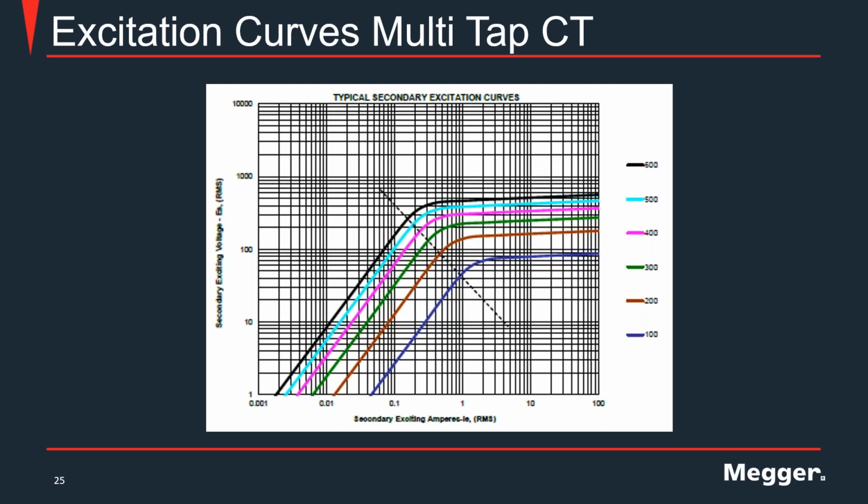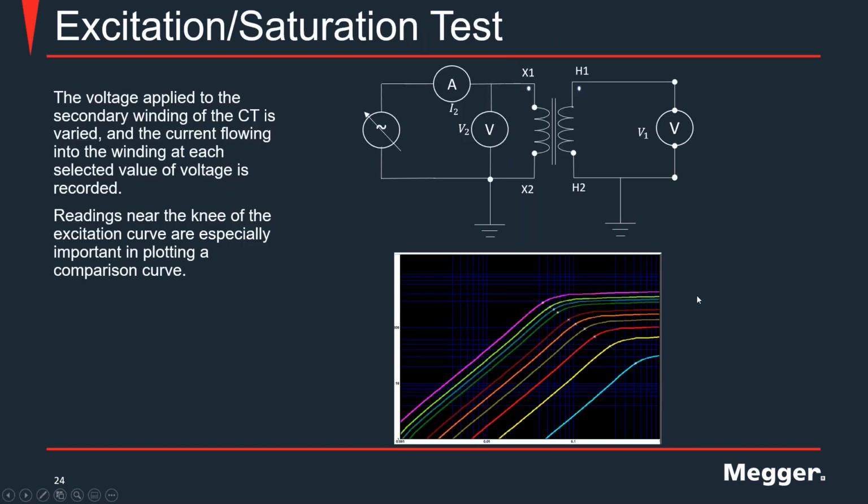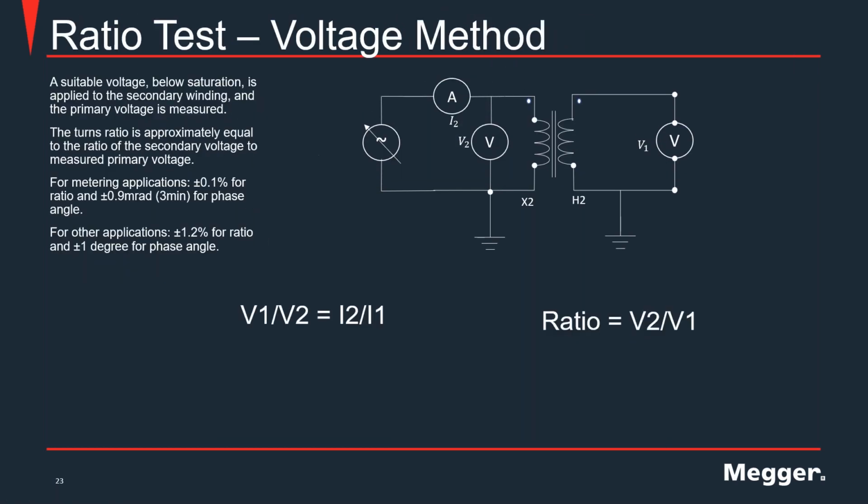So the method of calculating the knee point is different for IEEE and IEC standards. That's why you might see a little bit of difference in the knee point if you run the same CT with two different methods. In our instrument, you have the option of selecting either the IEEE method or IEC method, and with that you can see how much the difference is. But again, as I said, the method is different to calculate the knee point, so you might see some variations.